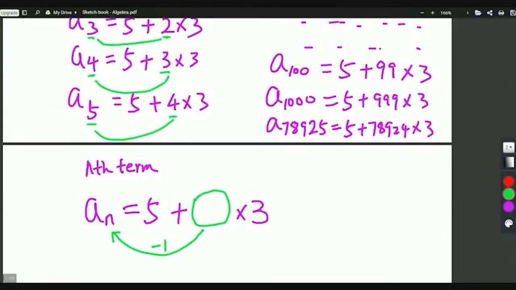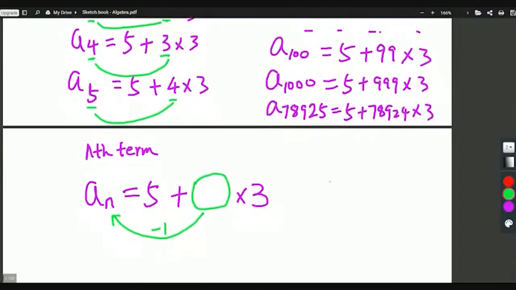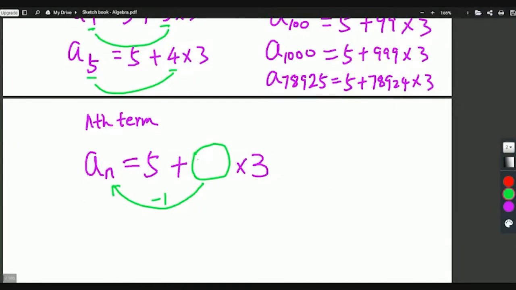You put n-1 in parentheses. I like that. So could this indicate this number is 1 less than n? I think so, right? Because it says n-1, so of course it's 1 less than n.